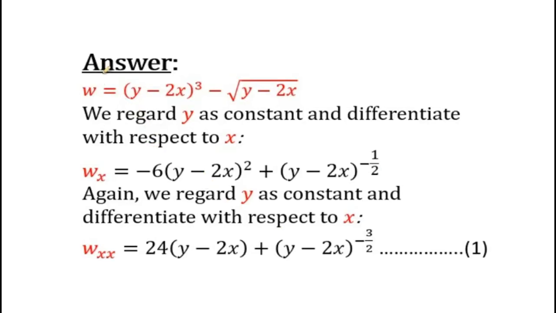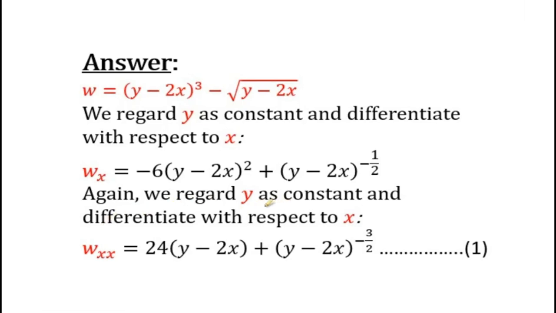So we start the solution as w is equal to (y - 2x)³ - √(y - 2x). We regard y as constant and differentiate with respect to x. So w_x, that is the first derivative of w with respect to x, is equal to -6(y - 2x)² + (y - 2x)^(-1/2).